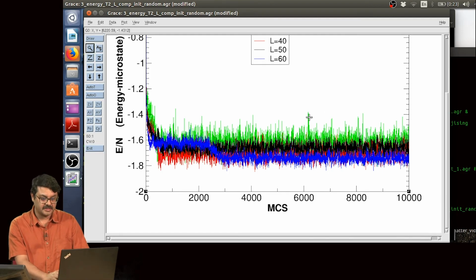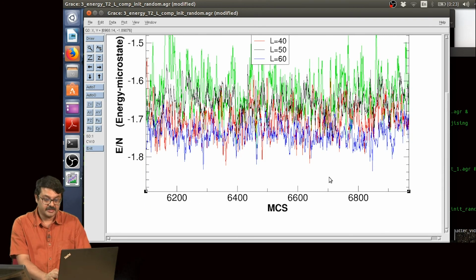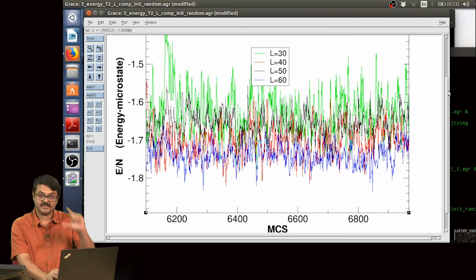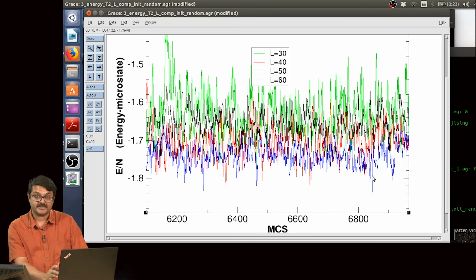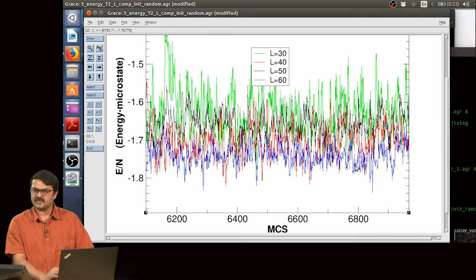The other point I would like you to note is that the size of the fluctuation in the green data set for L equal to 30, the magnitude of the variance, if you calculated it, seems from my estimate to be much more compared to the much bigger box size L equal to 60, which is essentially 4 times bigger, if you compare 30 cross 30 with 60 cross 60. And that is not surprising.